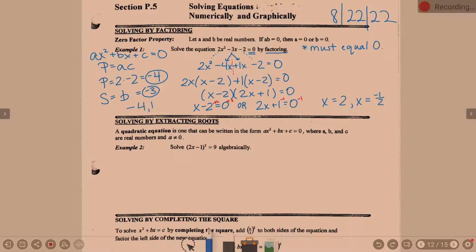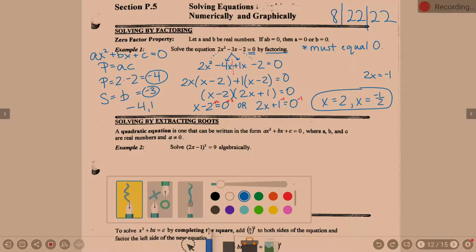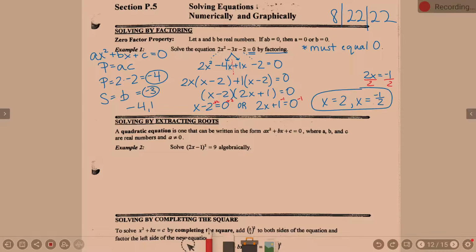Because it was 2x plus 1, right? Nope, that was my mistake. So we have answers of 2 and negative 1/2. And yeah, because it would have been 2x equals negative 1 divided by 2.